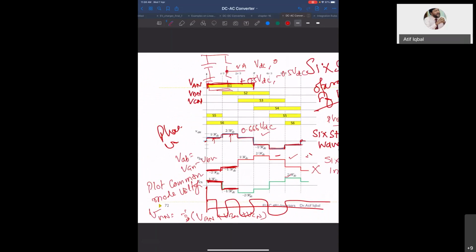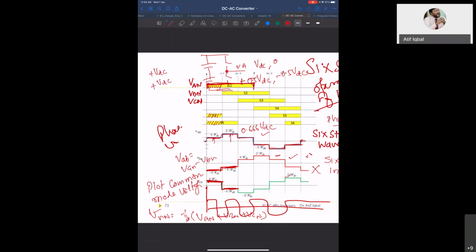So let me show you for one mode, and then you can find yourself. In this mode, this is plus VDC. This is S5. What is S5? S5 is C, so this is also plus VDC, and S6 is high.